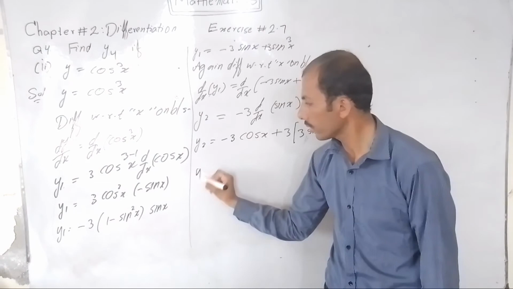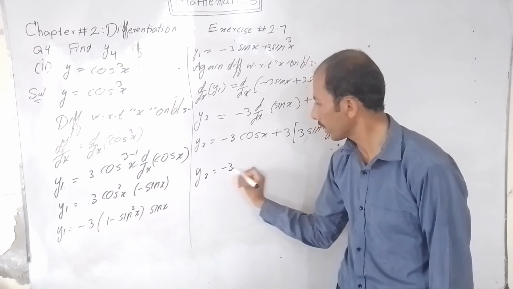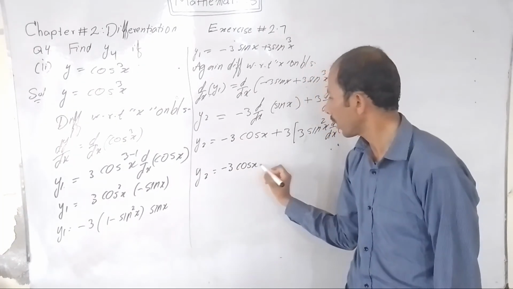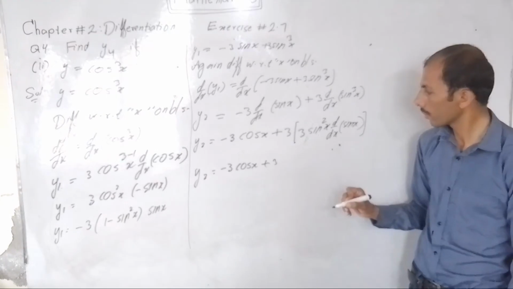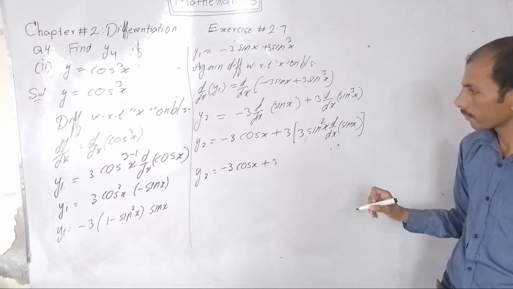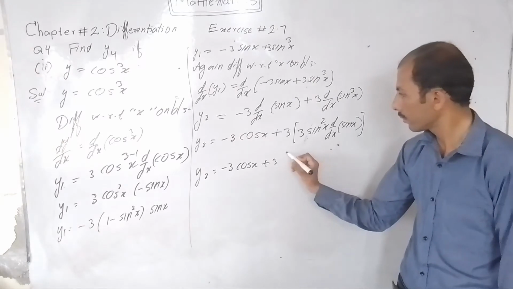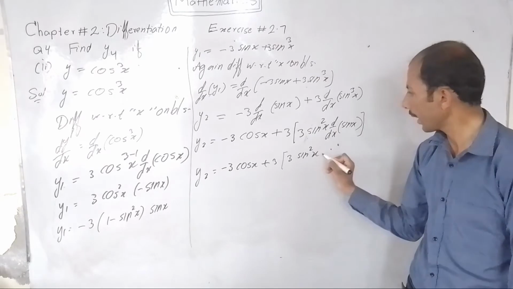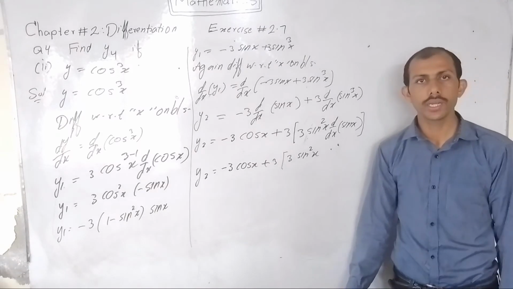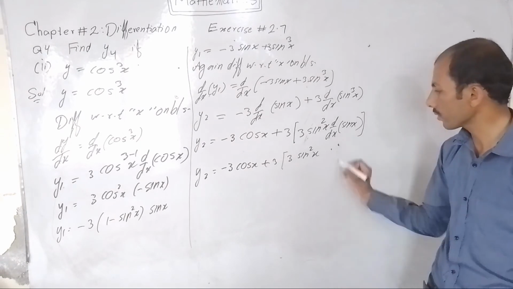So y2 is equal to minus 3 cos x plus 3 into 3 sin square x. The derivative of sin x is cos x.